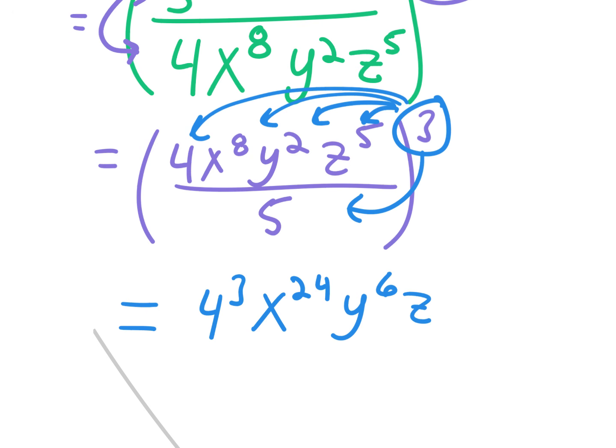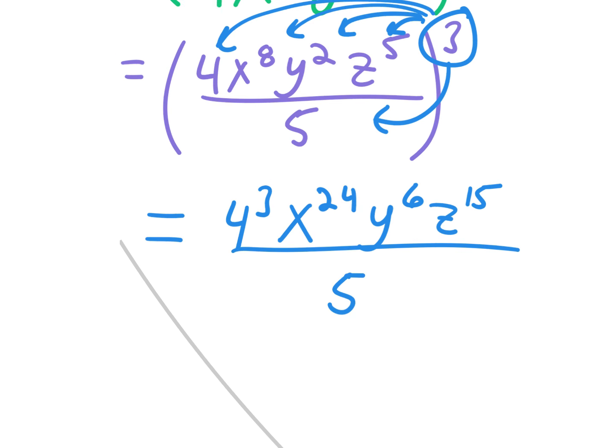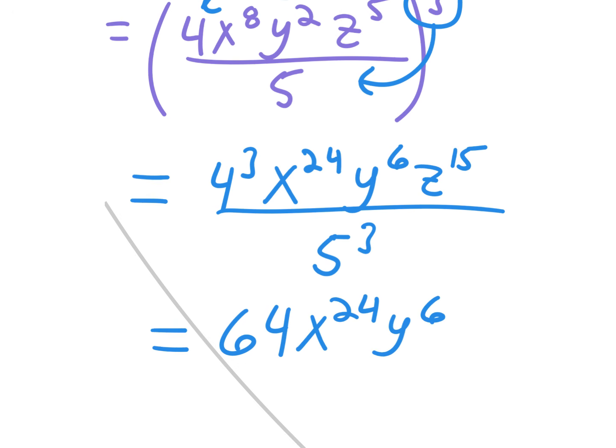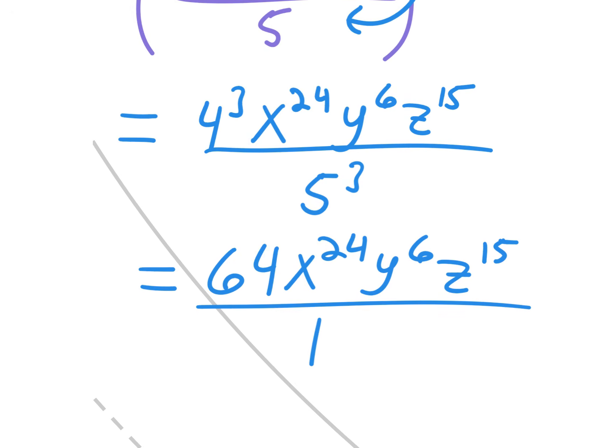And then 5 times 3 is 15. Over 5 to the power of 3, all we have to do is simplify those numerical exponential expressions. This is going to get us 64, x to the 24th, y to the 6th, z to the 15th. Over 5 times 5 times 5 is 125.